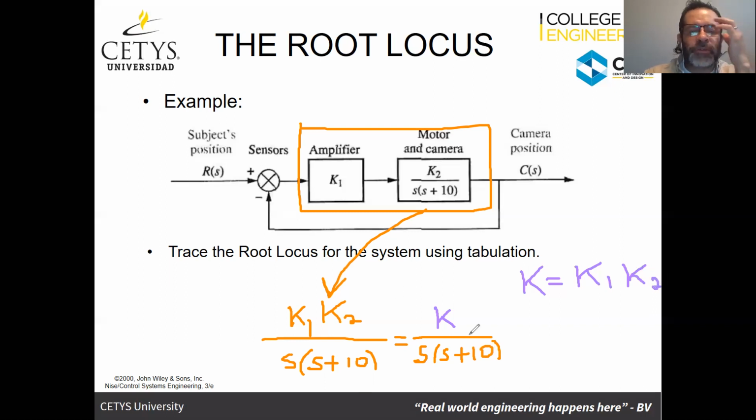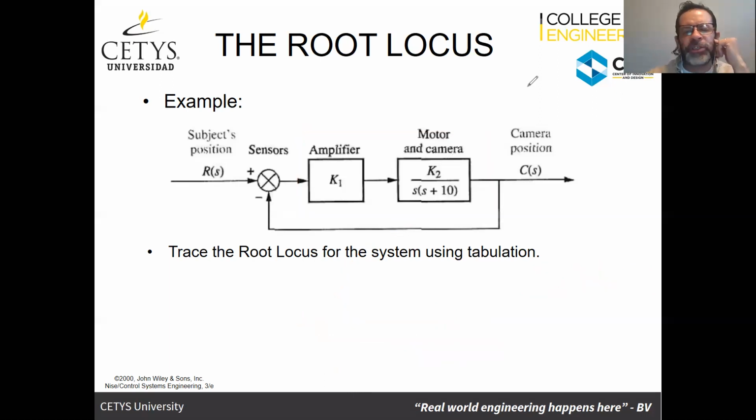So this transfer function is also going to have a characteristic equation. And that characteristic equation is going to incorporate the poles of the system. And the poles are going to depend in the end on the value of K. Okay. So let's see how we could trace the root locus manually at first.